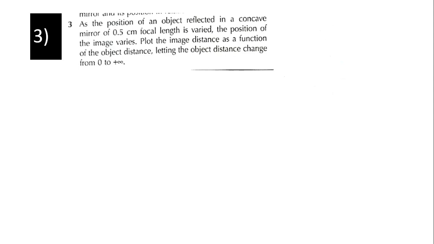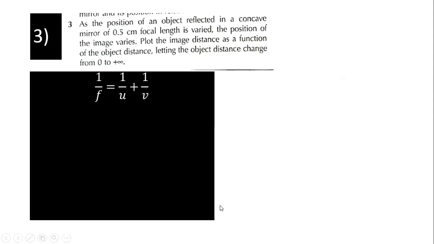As the position of an object reflected in a concave mirror of 0.5 focal length is varied, the position of the image varies. Plot the image distance as a function of object distance, letting the object change from 0 to infinity. Right?